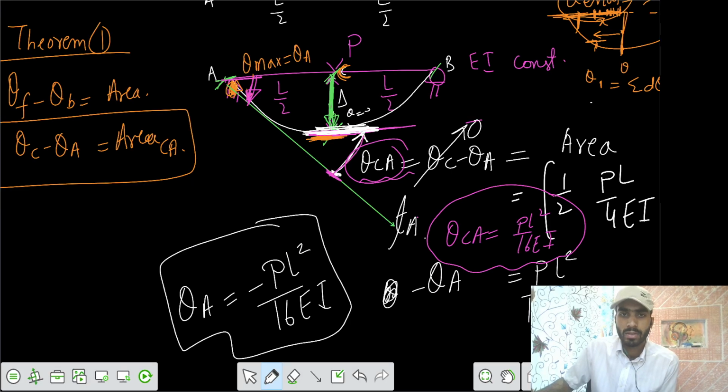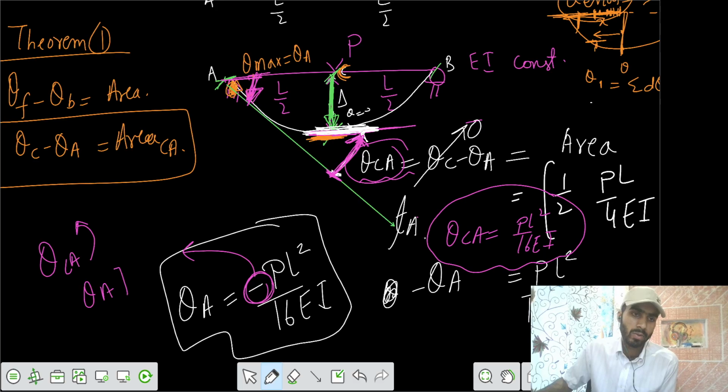Theta CA was anti-clockwise, but your actual theta A is clockwise. That's why the negative came here. It means that theta CA was anti-clockwise, but your theta A is clockwise. That's why this negative is coming.